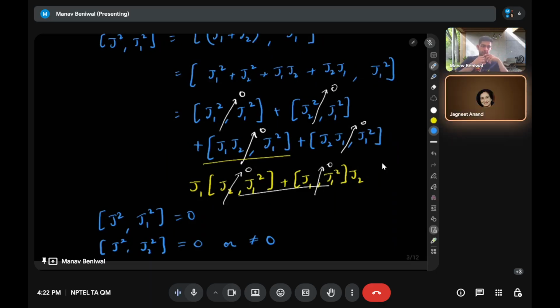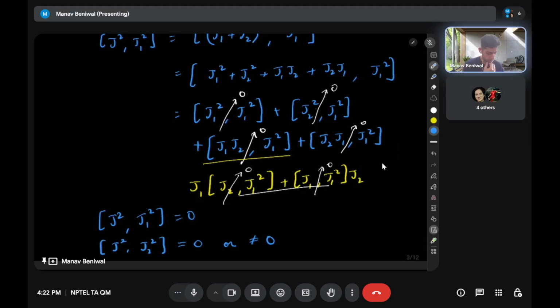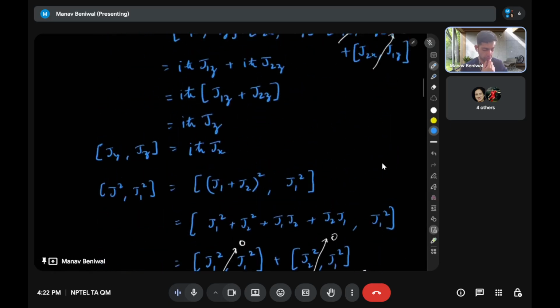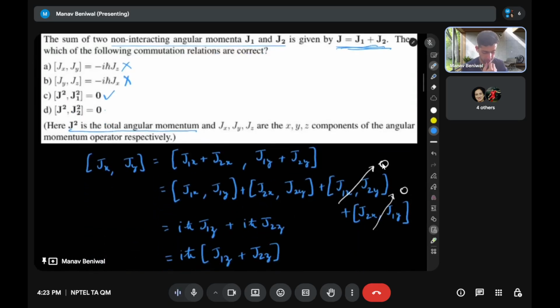Yes, you are correct, because there is no difference as such between j1 and j2. If the square of total angular momentum j is commuting with j1 square, then it should also commute with j2 square. If you want, you can check it explicitly. The calculation remains the same, but for the sake of time, I'll just leave it here. And this is also correct.